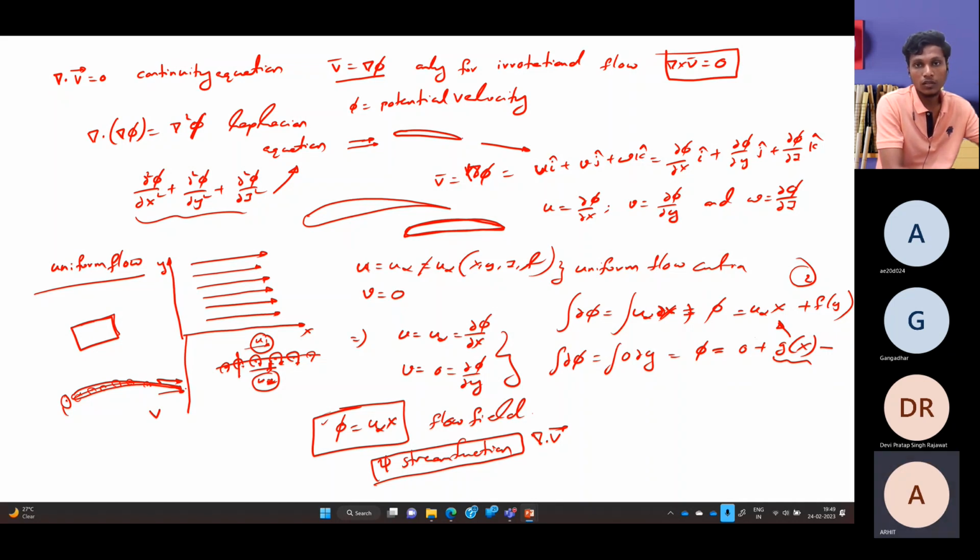Because of this turning, if there is a change in direction or change in force, definitely there is an exchange of momentum. So momentum exchanges with the airfoil, so there is a net lift force or drag force. I'm not going to talk about the drag force as we are talking about inviscid flow. So there is a net lift force.